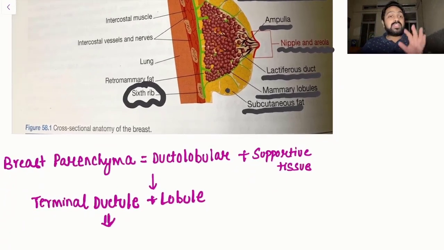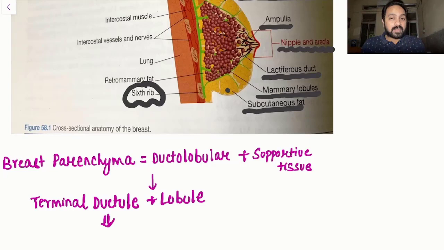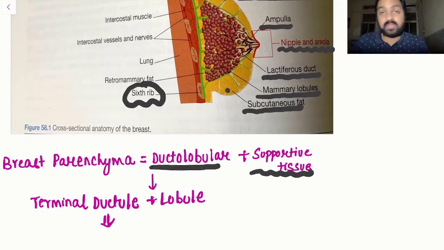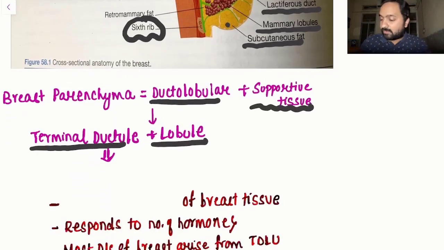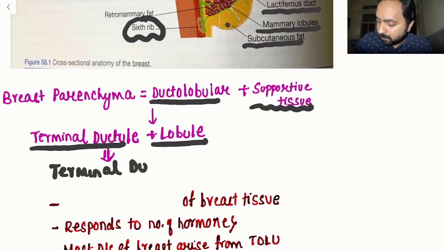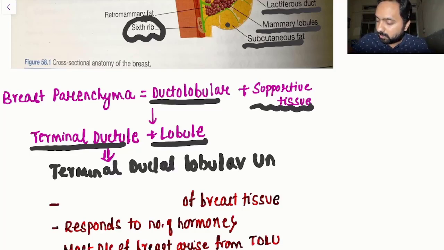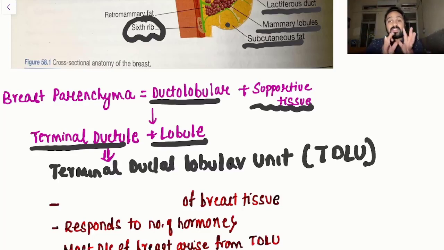Now moving down to the breast parenchyma. Breast parenchyma is made up of your ductolobular tissue plus your supportive tissue. First, your ductolobular tissue consists of your terminal ductule plus lobule, and this together is called your terminal ductal lobular unit, also known as TDLU. Now this TDLU is very important.